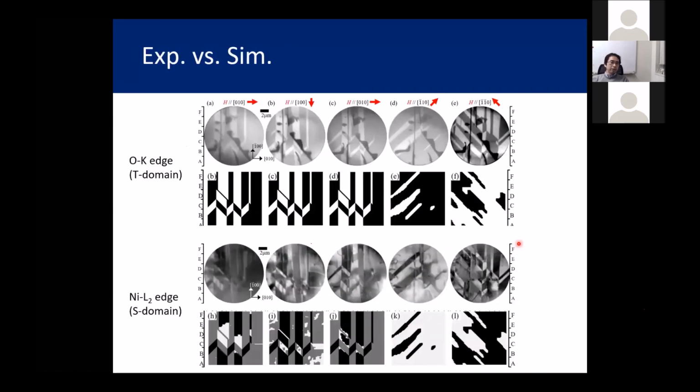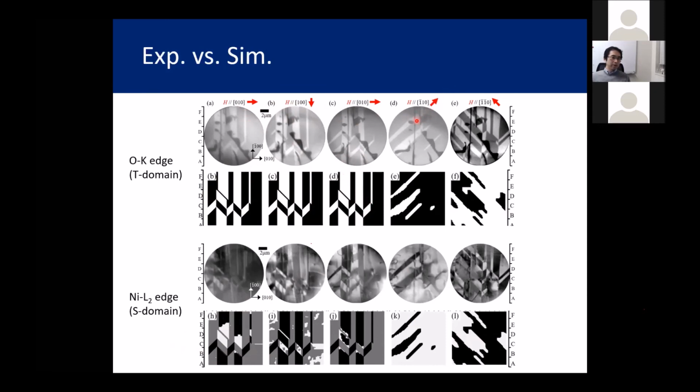Starting from this initial pattern, here is a reproduction of the domain patterns after each external field application. This is the lower panel. As you can see, we can reproduce the domain pattern after each field very well. For example, by applying a field in the 010, 100 direction, we don't have too much change in the reproduced pattern.